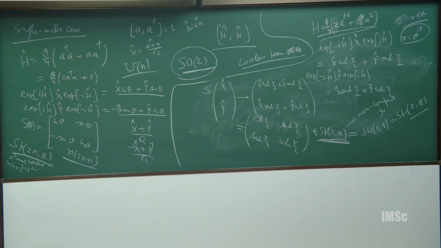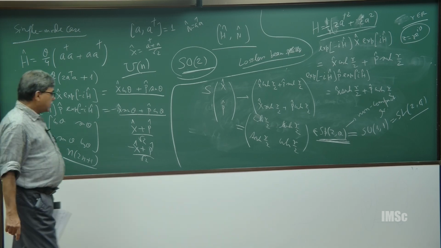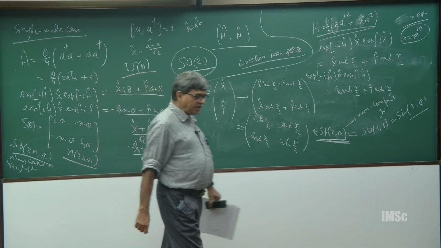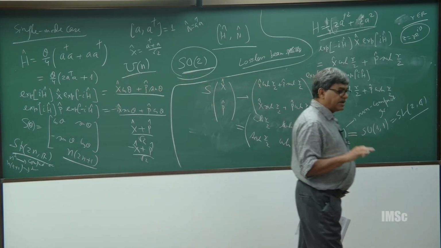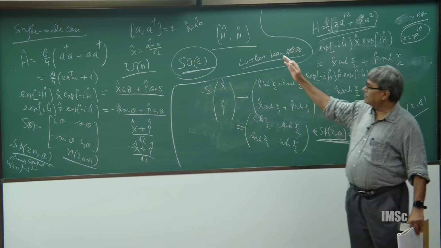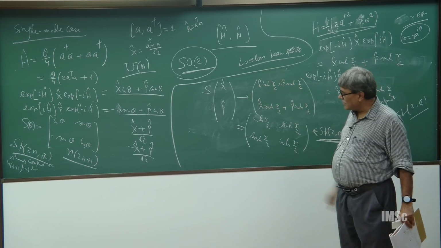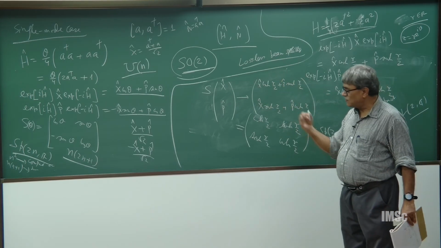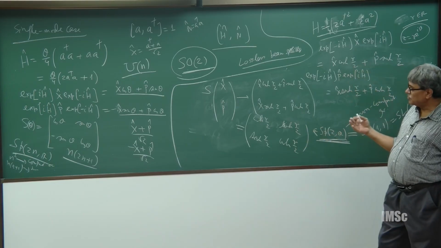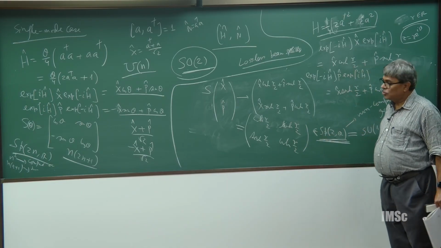Of course, we will have to consider n modes. In the case of non compact groups, this group is a bit complicated. I can write down the generators, and from there one can see what should be the non compact group.